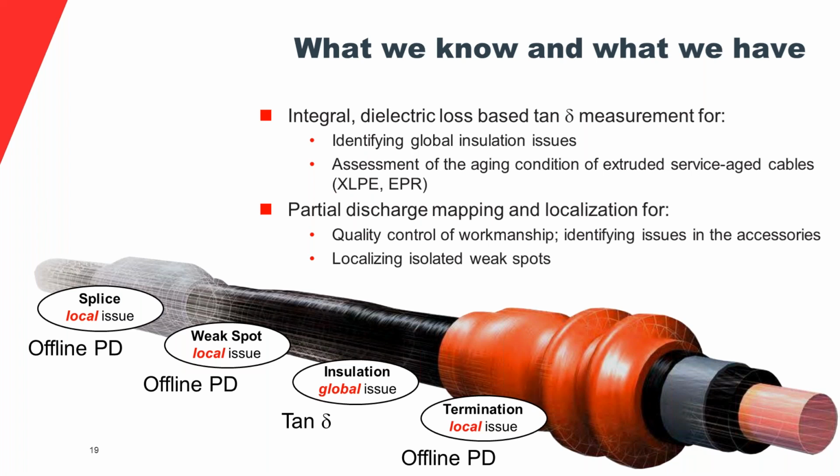What the tan delta test is telling you cannot be answered by PD, and vice versa. So people who are always out there trying to replace one test with the other are not really getting the answers that they are looking for. Remember the first slide there, the circle. You need to ask all the questions to get all the answers.